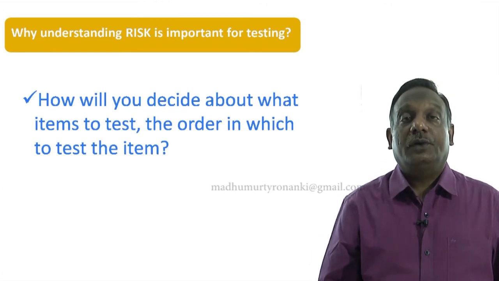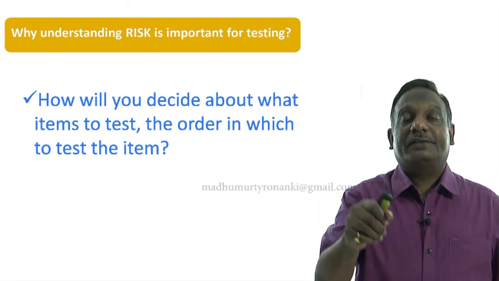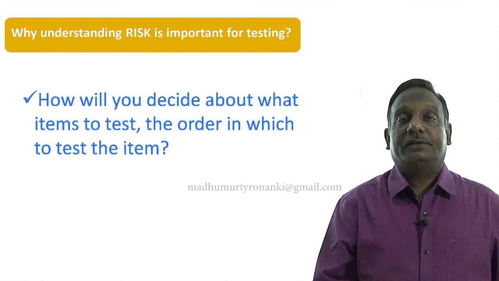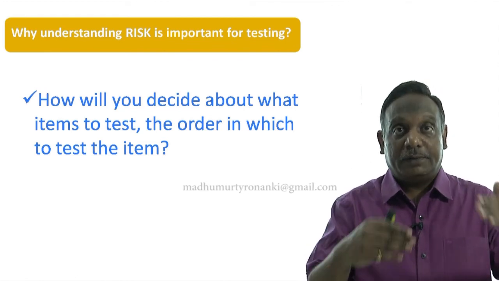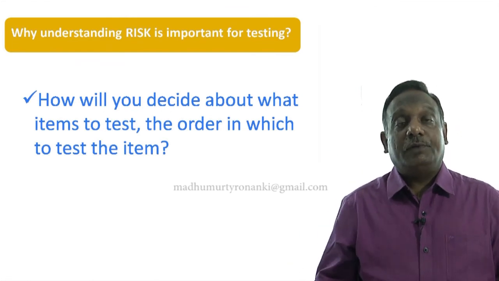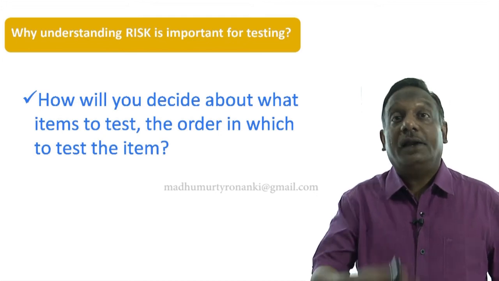That decision also you have to base on your idea of risk and risk prioritization. The higher risk items will be tested first, the medium risk items will be tested in the middle, and the lower risk items will be tested last, and some lower risk test items may not be tested at all.